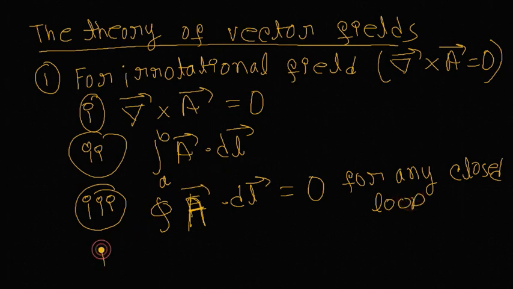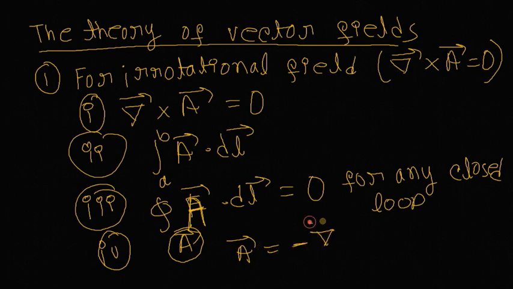And the fourth one is that we can write the A vector as a gradient of some scalar, that is, A vector equals minus grad V.